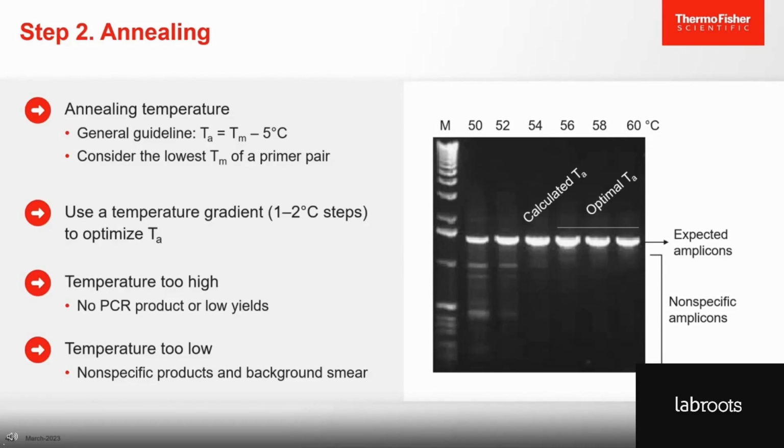Actual Ta might differ from predicted values, so it is recommended to run a temperature assay to optimize this step. A gradient PCR is often needed to determine the optimal Ta. Calculated Ta may provide good results, but an increase of 2 to 4 degrees Celsius may improve specificity further.